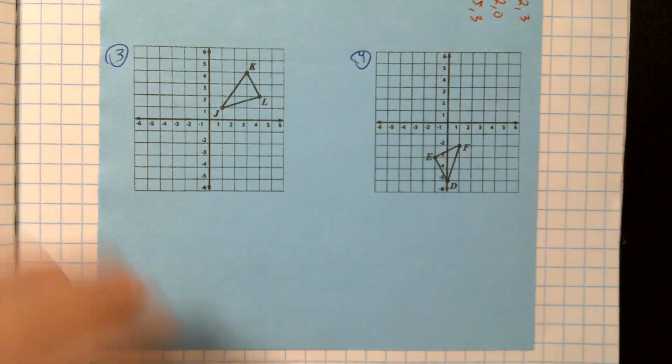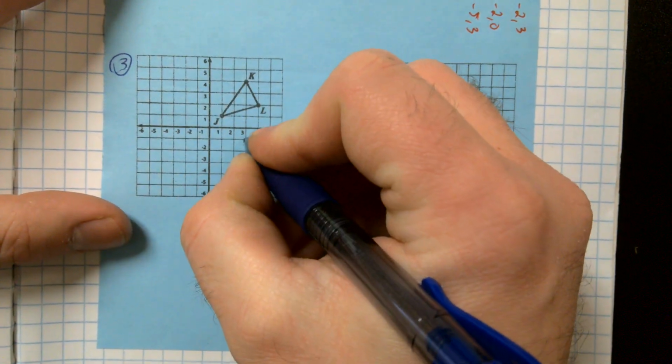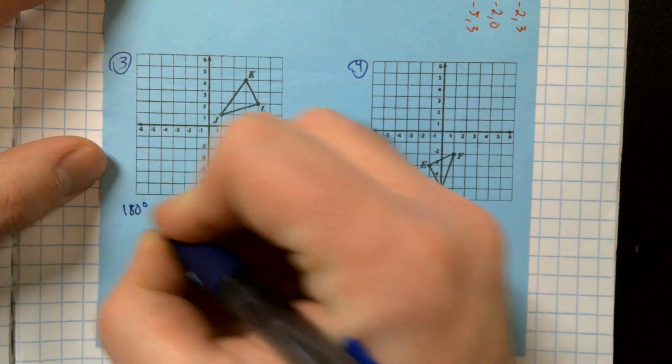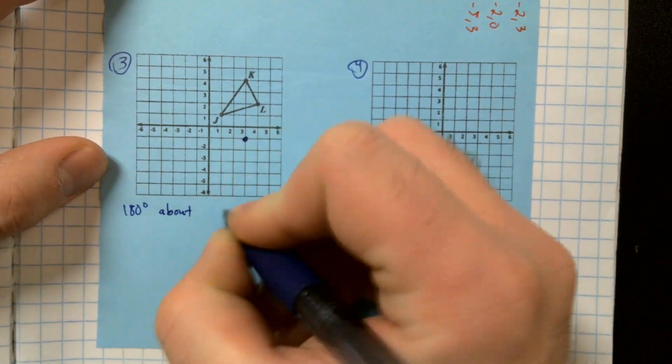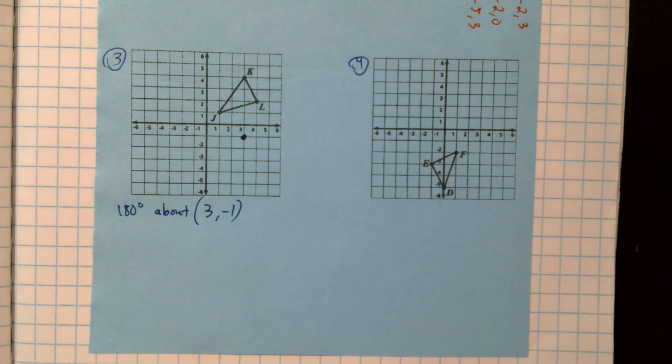All right, number 3. Let's go 180. Let's see what that looks like. 180 degrees around 3, negative 1. So pretend I'm rotating around the origin, right? And I'm going 180 degrees.